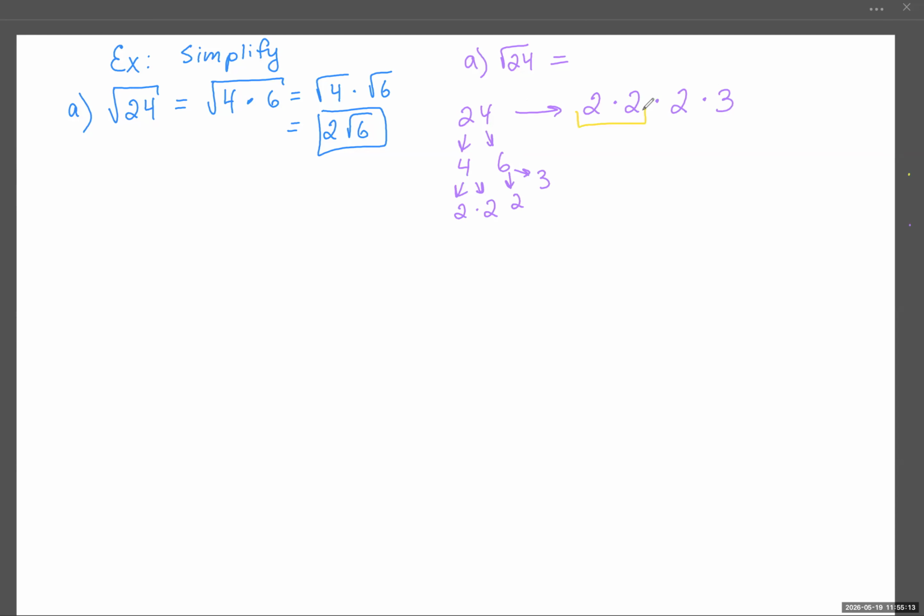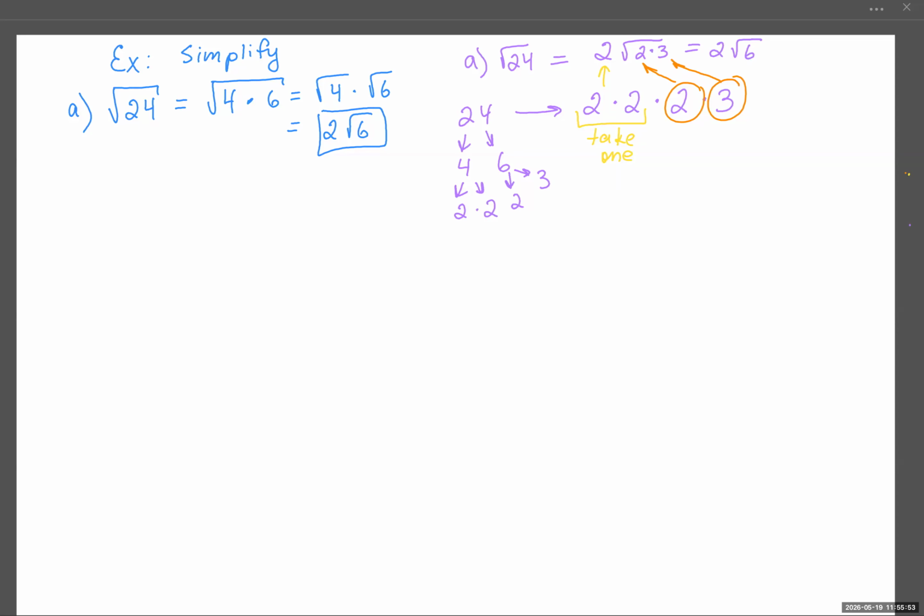So the ones that repeat twice, just twice, you're going to take one and you're going to put it outside of the radical. So just one. Then you're going to open up the radical back up, and everything that's not paired up, so for us it is 2 and 3, neither one of them is paired up with anything else. Both of them are going to go inside that radical, which will give you 2 square roots of 6, which is what we know the answer already is.